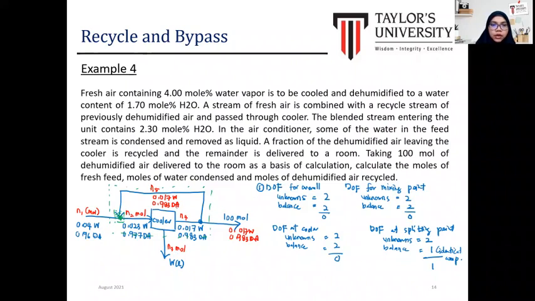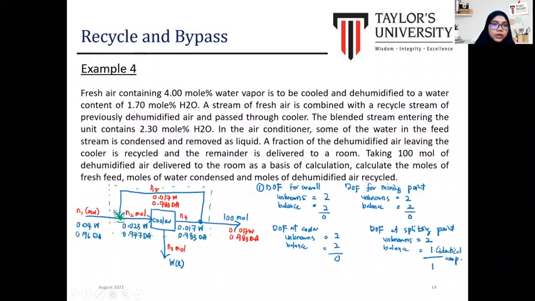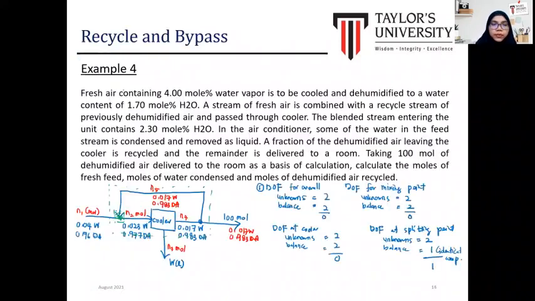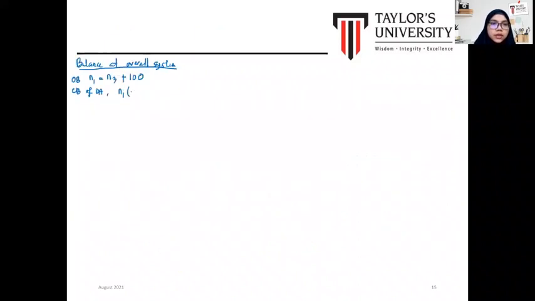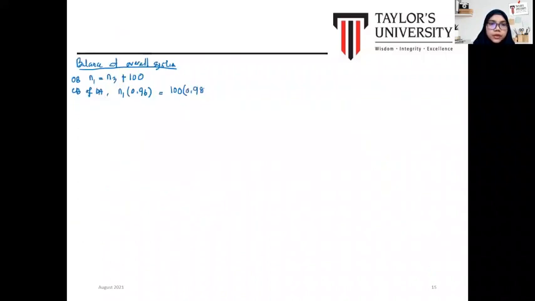We may use the balance on dA, or dehumidified air, here. So we have N1 times 0.96 equal to, we don't have N3 for the dA here, because N3 contains water only, so equal to 100 times 0.983.